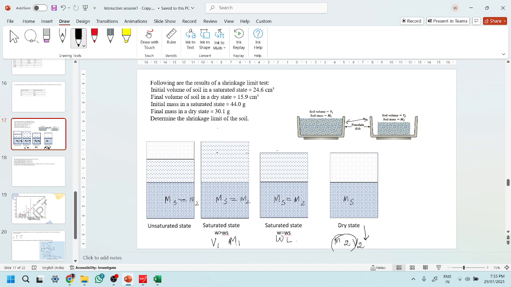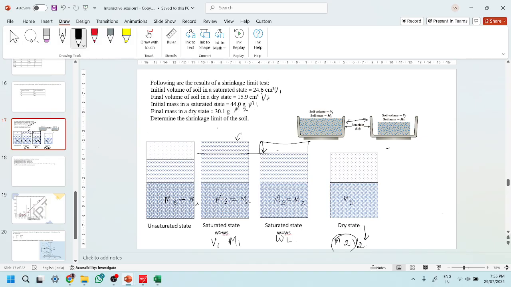So what we want is to calculate this volume and then subtract it from this state. So we can say this is V1, this is V2, this is M1, this is M2.